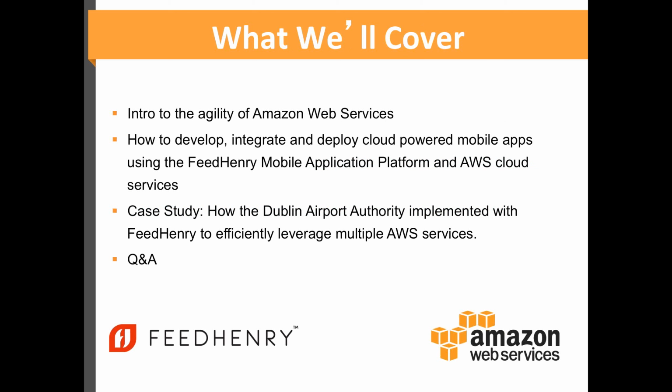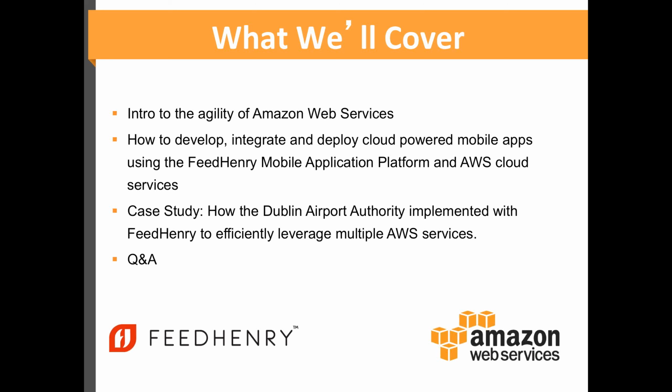Today we're going to cover a quick introduction to the agility of Amazon Web Services. One of our core functions that we bring to businesses is the agility of the platform, the speed at which you can stand up and remove infrastructure and experiment and use the systems without any long-term obligations.